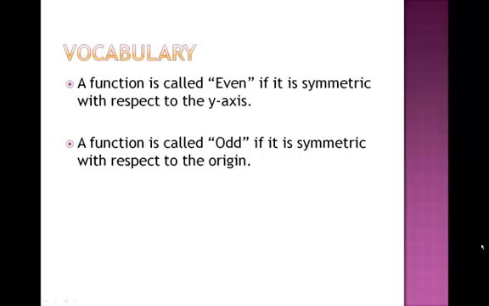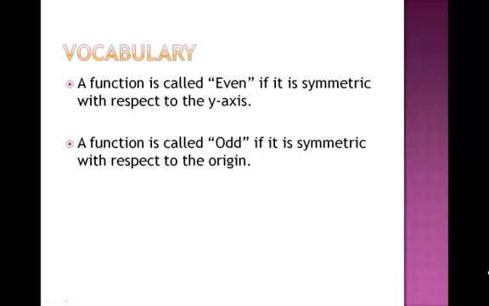Those are really just two synonymous things. In a similar fashion, you can call a function odd if it is symmetric with respect to the origin. So remember that taking a graph and rotating it 180 degrees, if you get a graph like that, you can also call it an odd function.